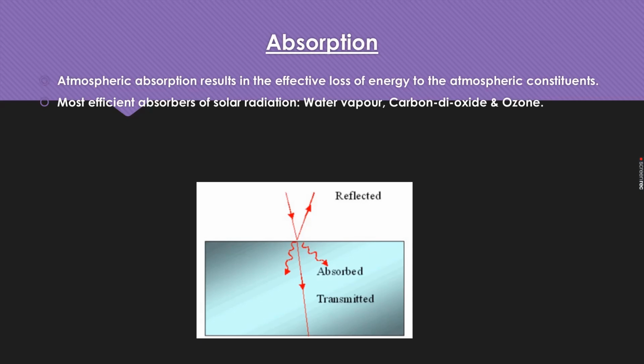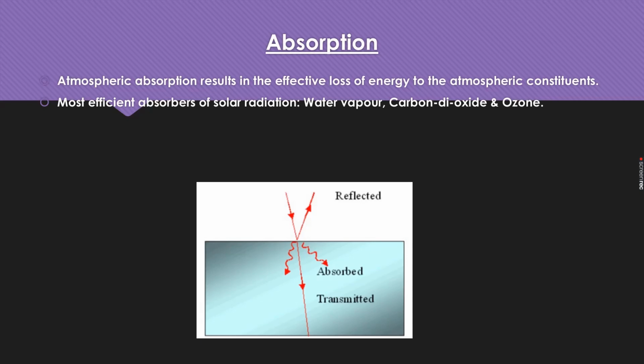So the effective loss of energy to atmospheric constituents is known as absorption. Basically, the most absorbent particles in the atmosphere are water vapor, carbon dioxide, and ozone. There is a figure in which you can see that some of the energy is absorbed. It is neither getting reflected nor transmitted.